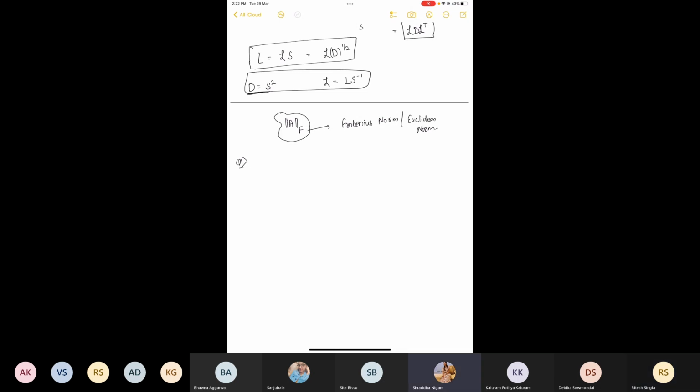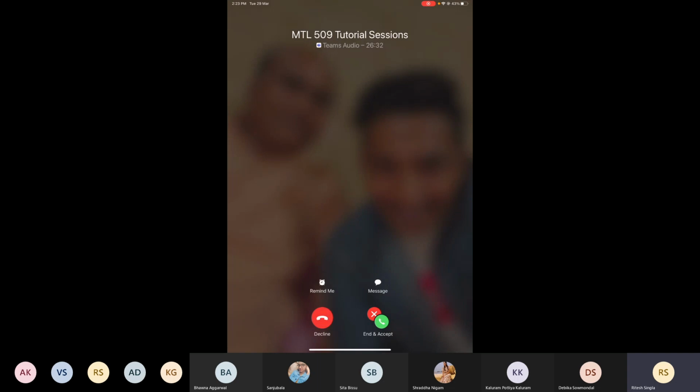Yes, sir. Cauchy-Schwarz inequality. Yes, it says that the summation of a_i b_i, squared, is less than or equal to the sum of a_i square into the sum of b_i square, right? So you have to use this in order to solve question number 1.